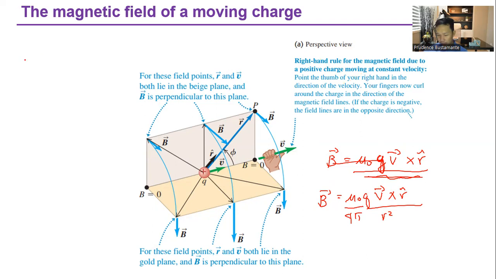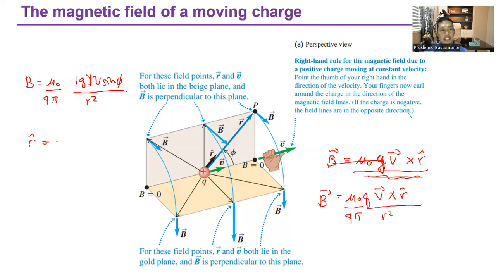For the magnitude of B, B equals mu naught over 4 pi times the magnitude of the charge q, v sine phi, over r squared. So you need to remember the definition of r hat.